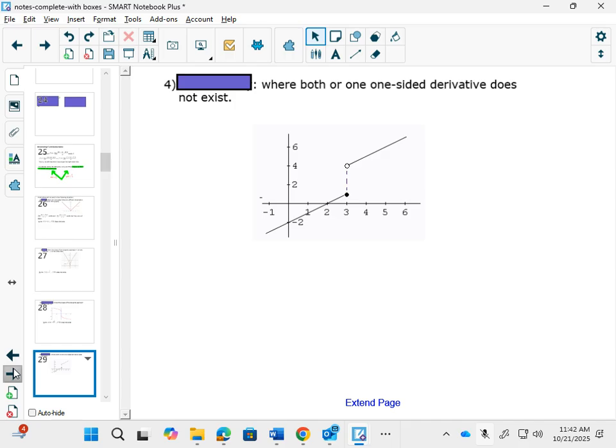And number 4, if you have a discontinuity, the graph for sure isn't smooth and continuous. So this is obvious that the derivative will not exist at that point.